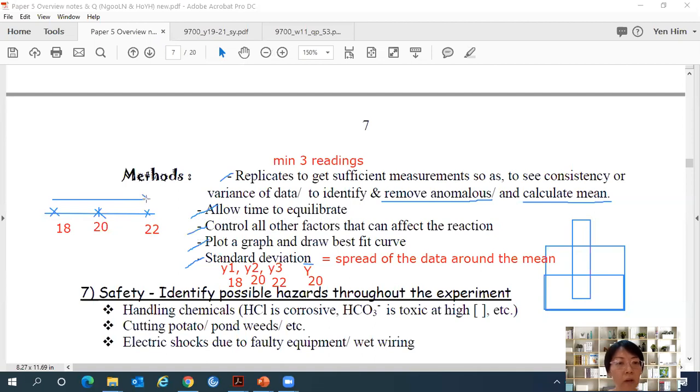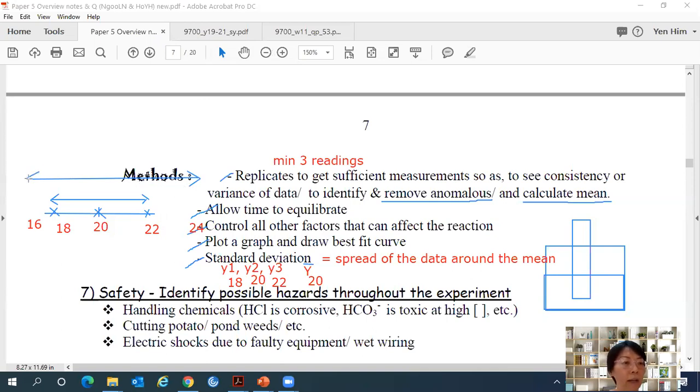Now let's say if this is your data, then you got another student whose data is, let's say, 16 and 24, make it easy. Therefore, the standard deviation of the second student will be further away. Between 16 and 24 is further away from each other, right?